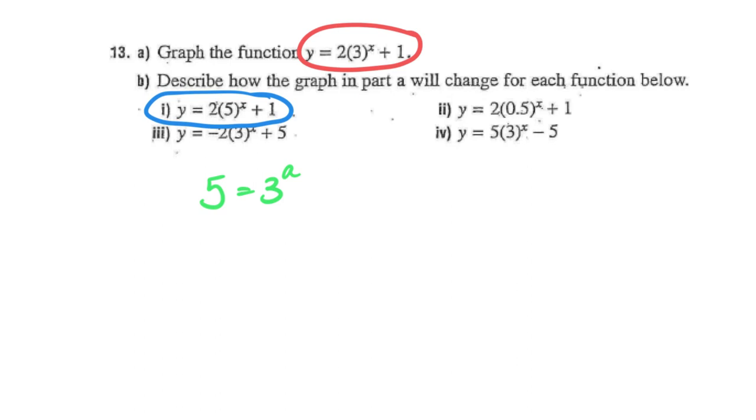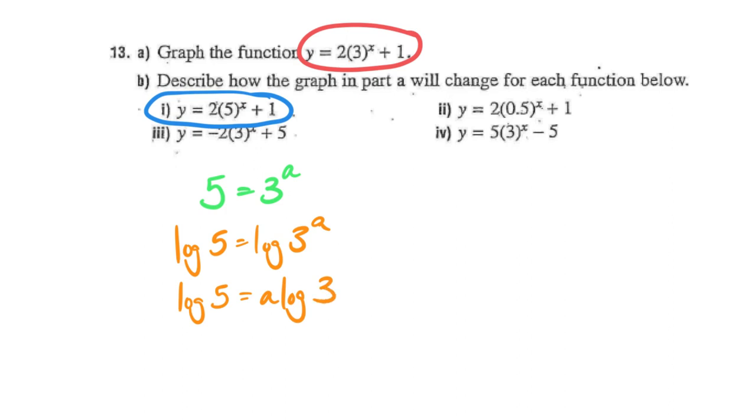Okay, how could I write 5 as 3 to some exponent? Well, you guys take a look at that. You see your variable, your a, it's up in your exponent. You've got to get it out. That means you need a power equal to a power, base the same. You cannot write 5 with 3 as a base easily. So maybe we default then and say, okay, I'm going to take the log of both sides. That is going to allow me to bring that exponent out in front of my log.